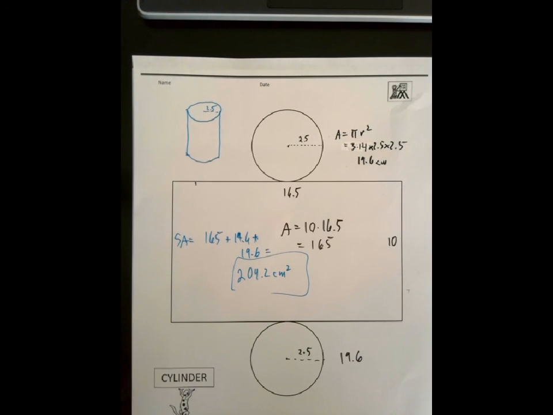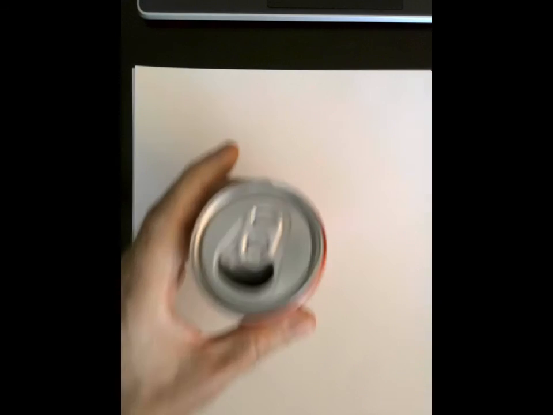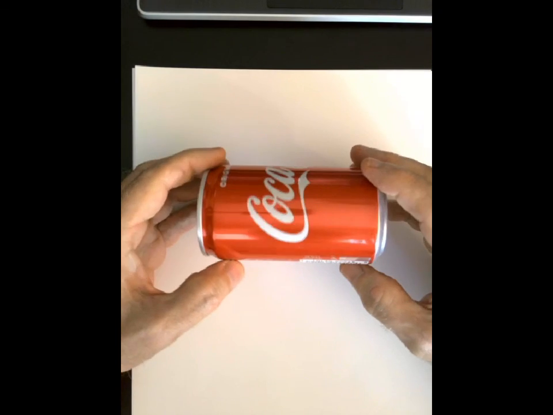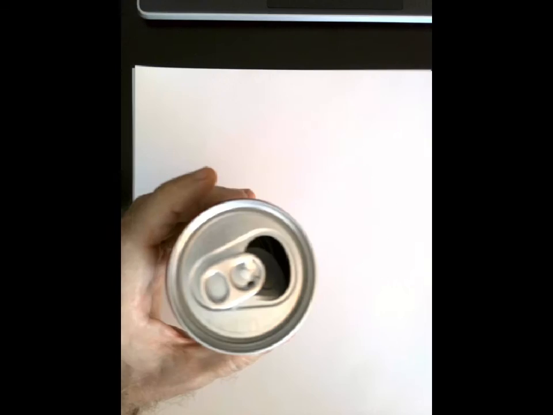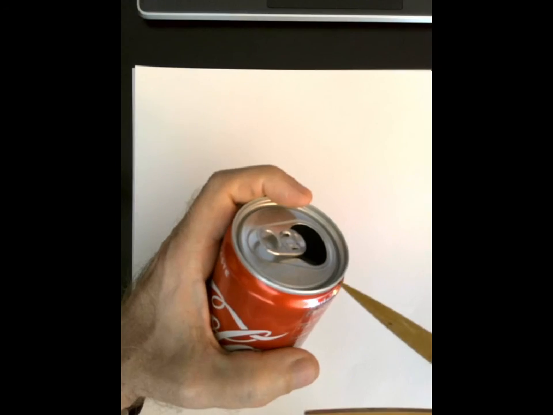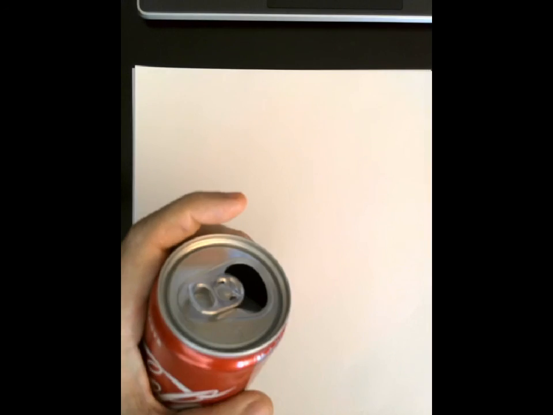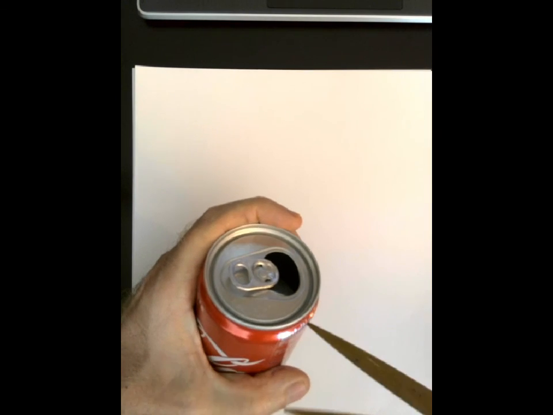Here is a little tiny Coke can. Notice it's a cylinder, right? I'm going to take this can and cut it apart and lay it out flat like the other one. I'm going to push the scissors in here. I'm going to try not to stab myself.